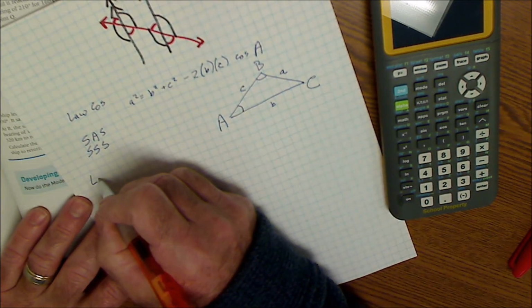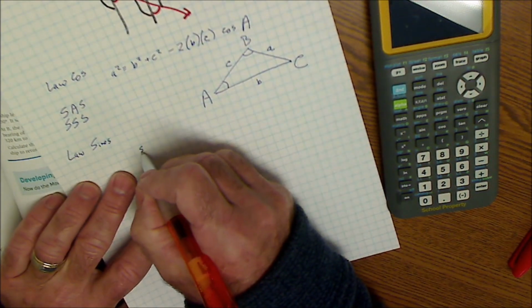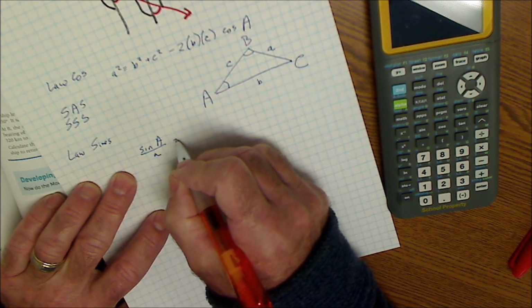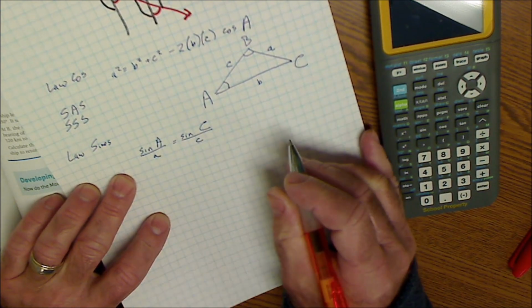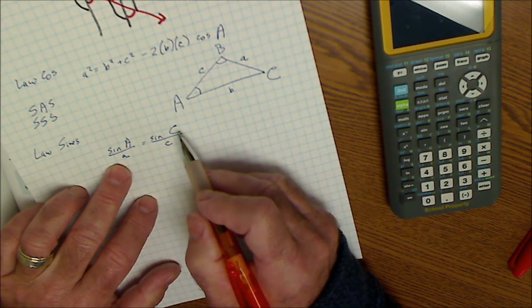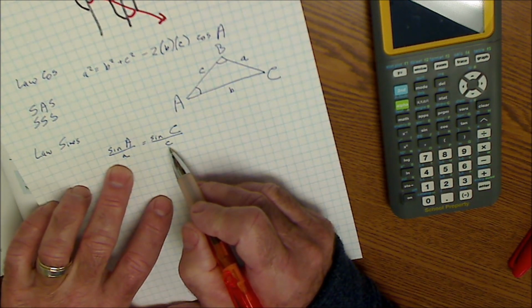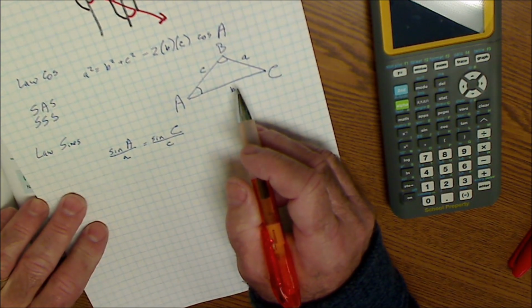Okay. Then we have the law of sines. Law of sines is sine of any angle over the side opposite it is equal to sine of any other angle over the side opposite it. So again, 4 variables, angle A, angle C, side A, side C, I have to have 3 of those. So I got to be careful not to use side-side-angle, because that's not a way to prove triangles congruent.